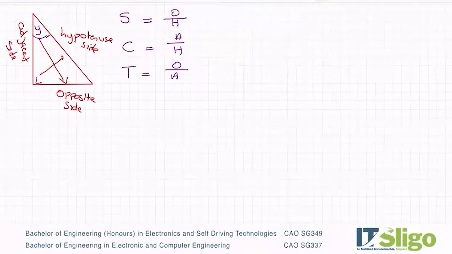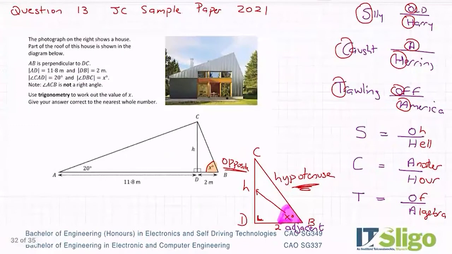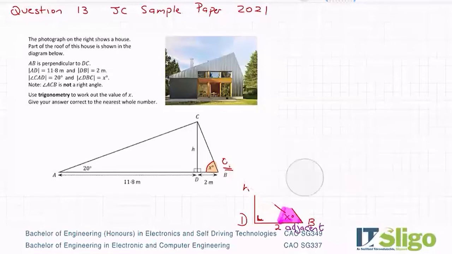Okay, so there's 2 very important things you need to do at the start of any question. You need to write down your trig ratios and you need to label your sides. Okay, so I hope that's clear. Okay, so I'm going to rub all out here now and I'm going to show you how I would answer this question.